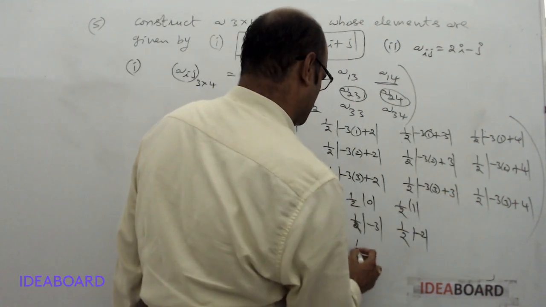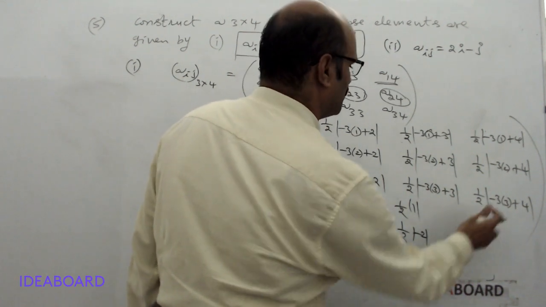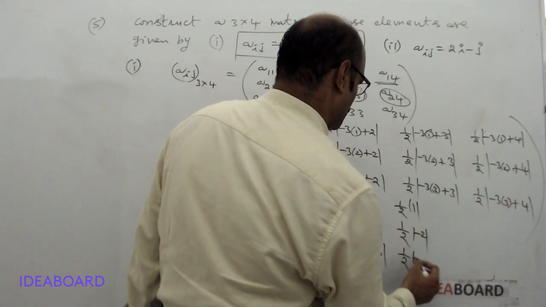Minus 9 plus 3, minus 6. 1 by 2 into minus 9 plus 4, minus 5.